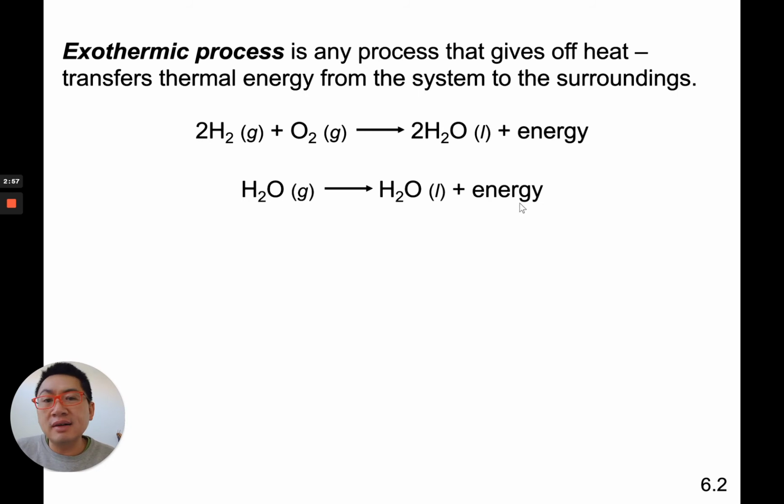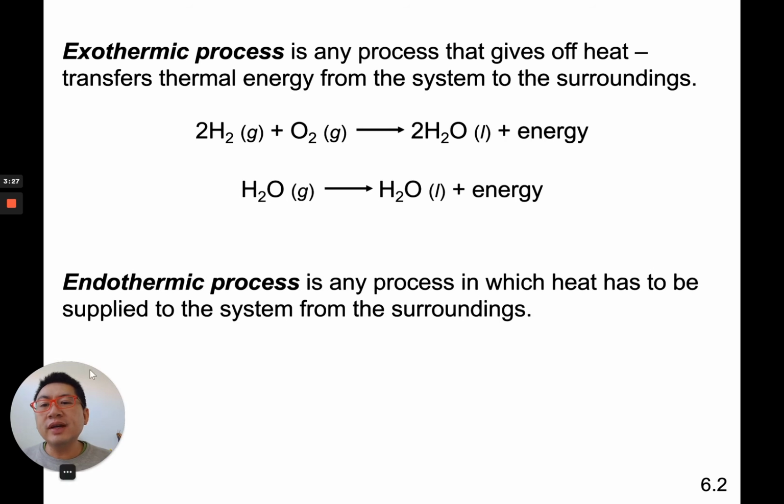I'm not sure it's called a sauna, the steam room, whatever it's called, at a spa. Or just even walking into a steamy bathroom, it feels warm because as it goes from a gas to a liquid, it releases energy. So if it releases energy, it's an exothermic reaction. So energy is transferred from the system to the surroundings.